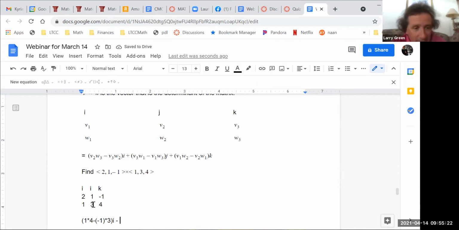And for the J component, it's 2 times 4 minus -1 times 1, J. And then plus for the K component, it's 2 times 3 minus 1 times 1.